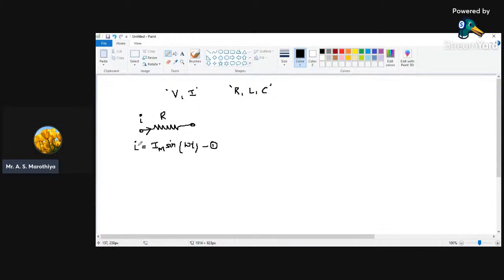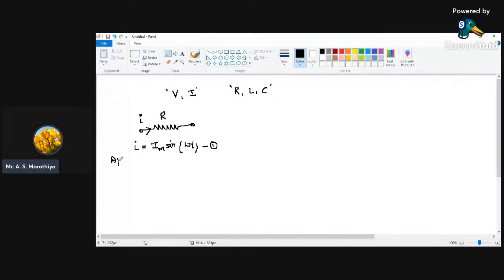So we need to find the expression for that voltage and its relationship with respect to the current: whether they are in phase with each other, or current leads voltage, or voltage leads current. And at the last we need to draw the phasor diagram for a pure resistor, that means the relationship between V and I for a pure resistor. So let us try to fulfill our objective.